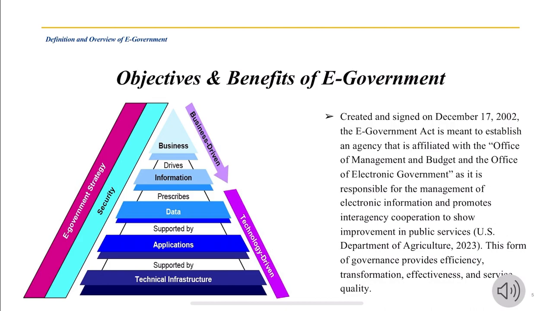This form of governance provides efficiency, transformation, effectiveness, and service quality. To your left is a pyramid diagram that demonstrates a breakdown of the e-government strategies, the processing of security, and how they plan to apply a variety of information to technology.